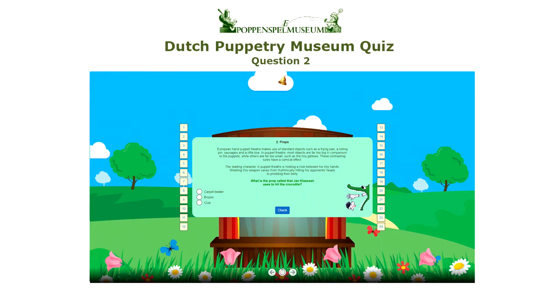The leading character in puppet theatre is holding a club between his tiny hands. Wielding this weapon varies from rhythmically hitting his opponent's heads to prodding their belly. What is the prop called that Jan Klaassen uses to hit the crocodile? Carpet beater, broom, club.